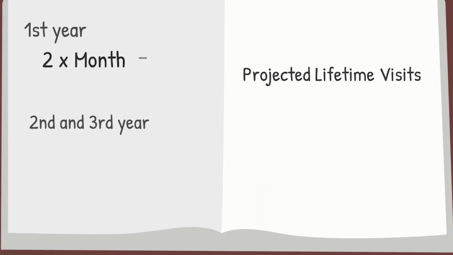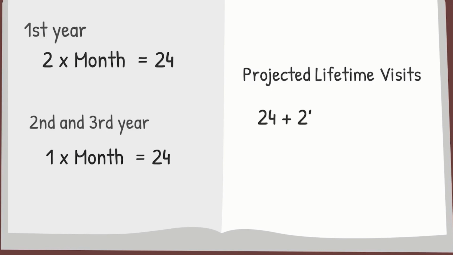In our example, the doctor's wellness-oriented clients visit on average 2 times a month for the first year and then once a month for the next 2 years. So the projected lifetime purchases would be twice a month for 1 year, or 24, and once a month for 2 years, also 24, totaling 48 visits.